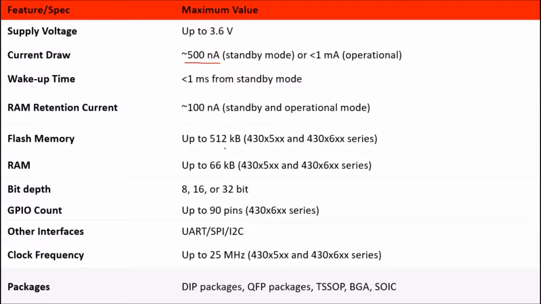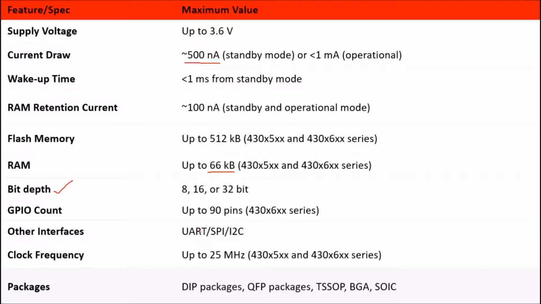Flash memory up to 512 kilobytes for this series 5XX and 6XX. RAM memory size is up to 66 kilobyte for 5XX and 6XX series. Bit depth is 8 bit, 16 bit or 32 bit. GPIO count is up to 90 pins.